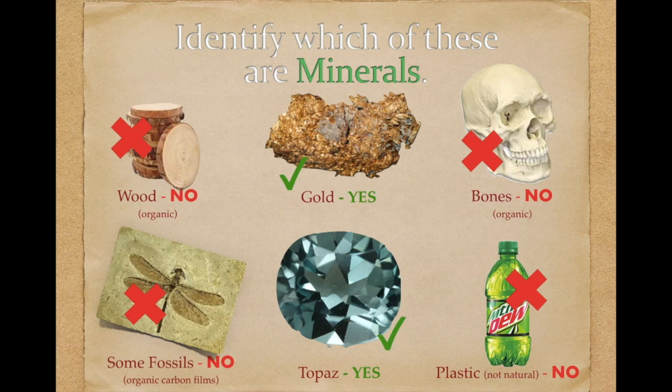Fossils would not be considered a mineral due to the fact that, number one, some of them are organic carbon films. They have the carbon that's left over from the pressing of the organism into the rock.